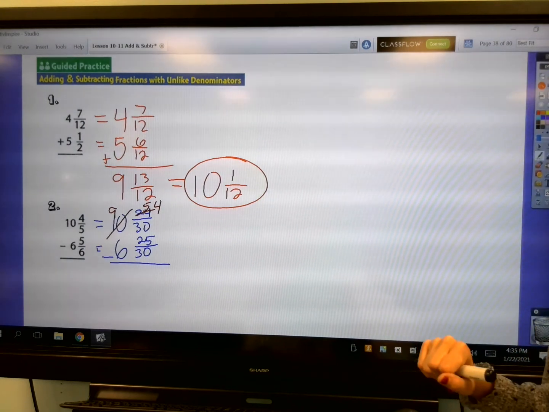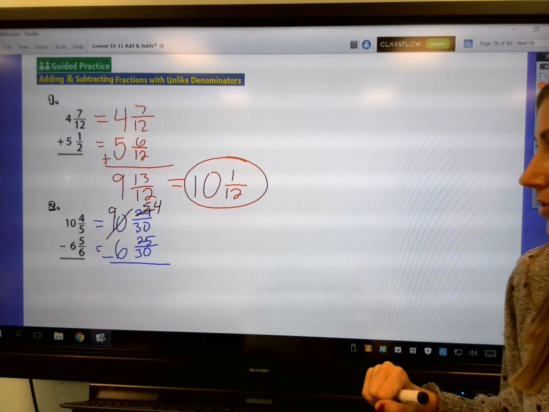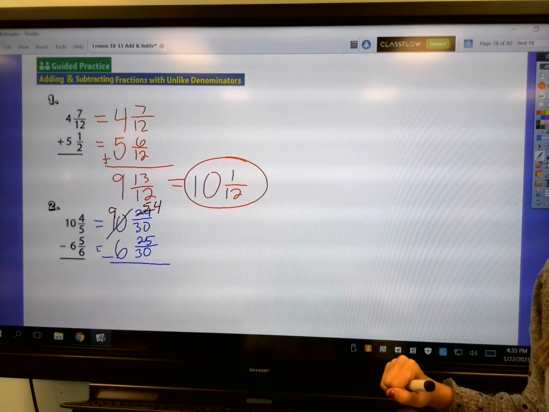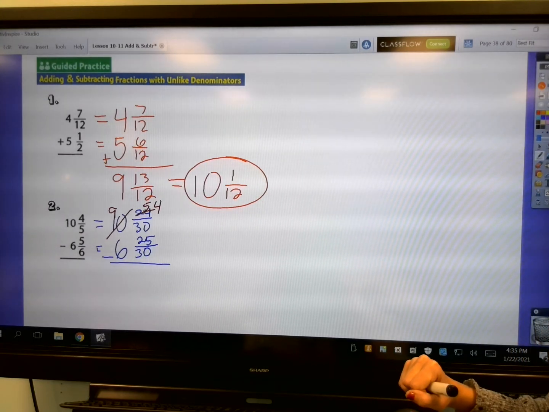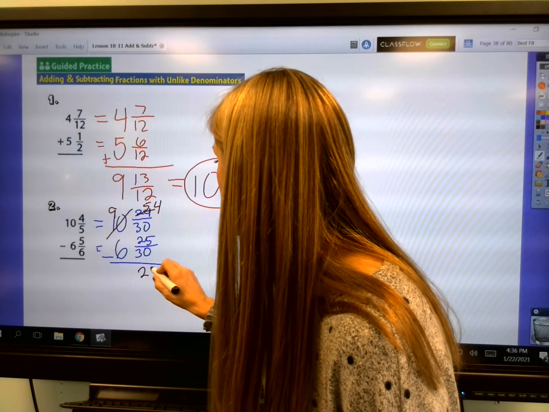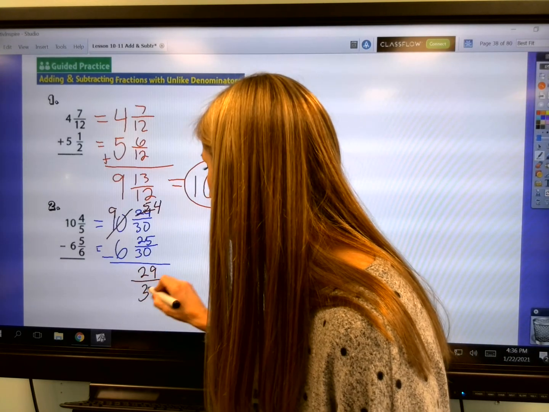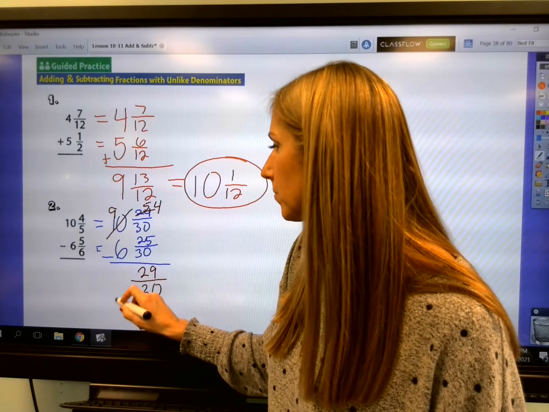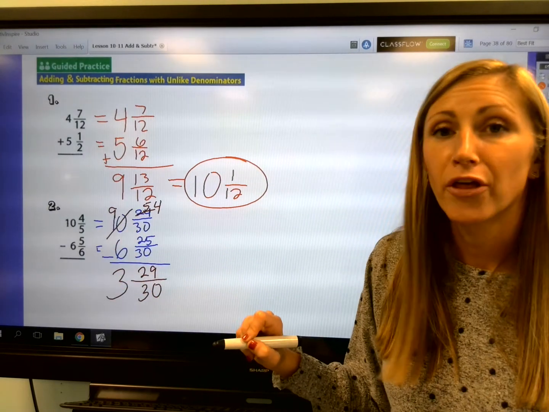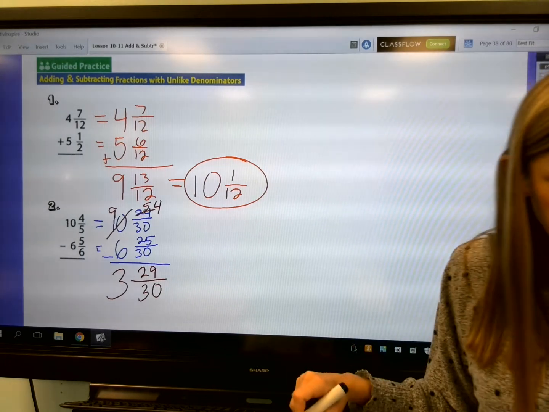What would that equal? So you already are set up to, since you borrowed, if we take 54 and subtract that 25, we would get 29 over 30. And then subtract the whole numbers, 3 and 29 30ths. That was a big one.